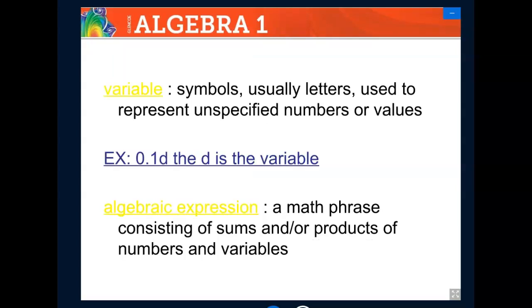All right, so what we're going to do now is go over some vocabulary. The first word we have is variable. On your paper, you have to copy down the definition for variable.